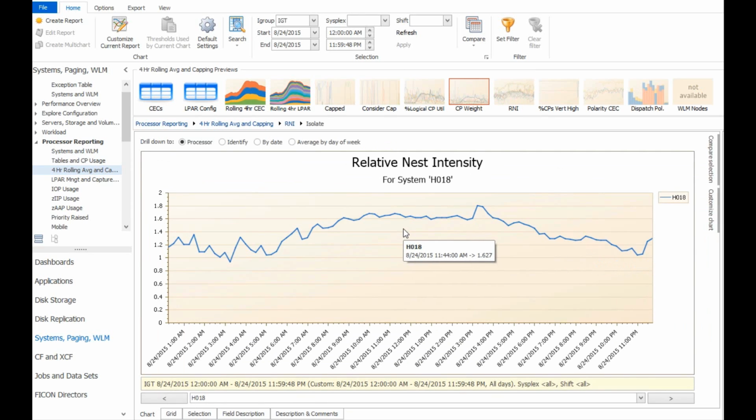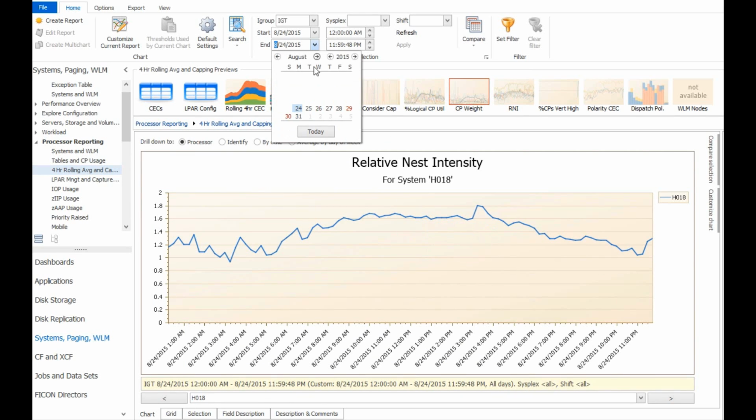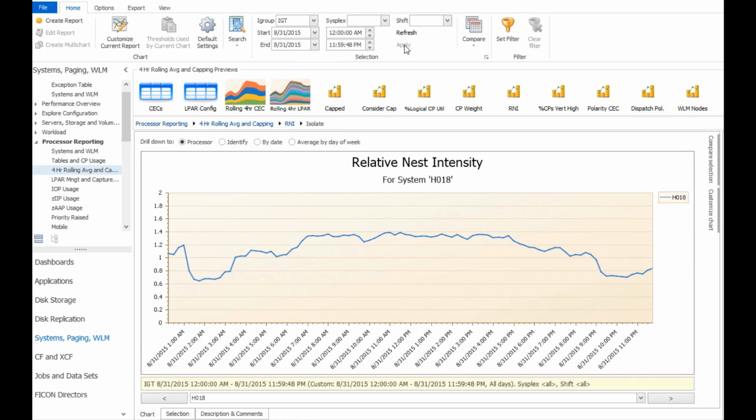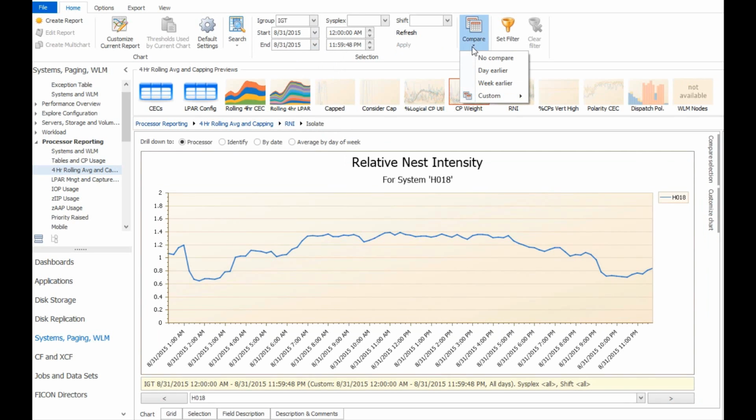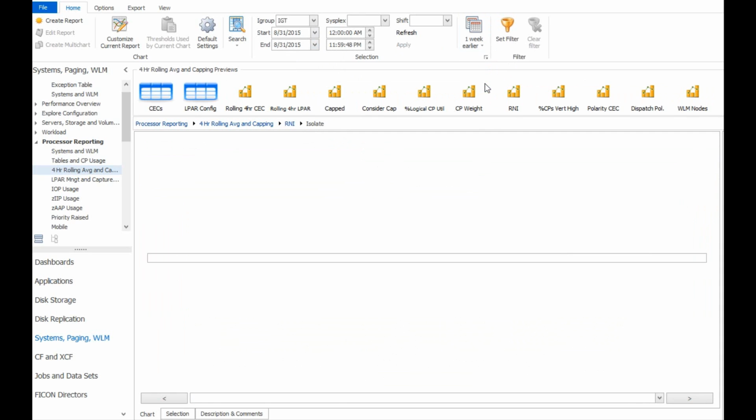Now, in this environment, a change was made that increased the number of vertical high CPs in the vertical CP configuration managed by HyperDispatch. We advanced to the time interval after that change was implemented. And now we'll compare the values from that new interval to the previous interval.